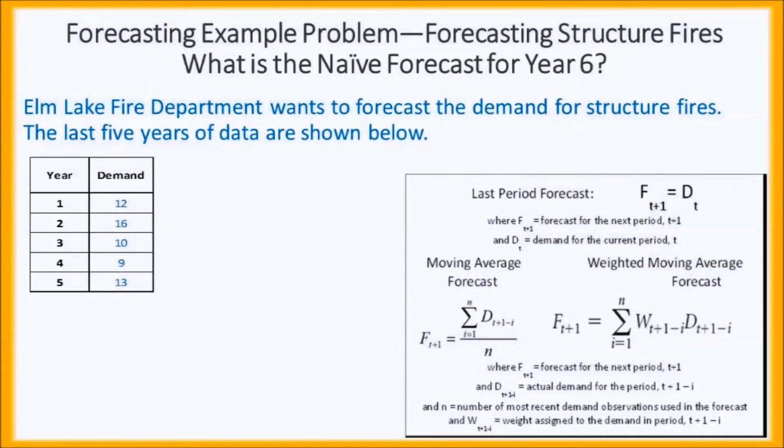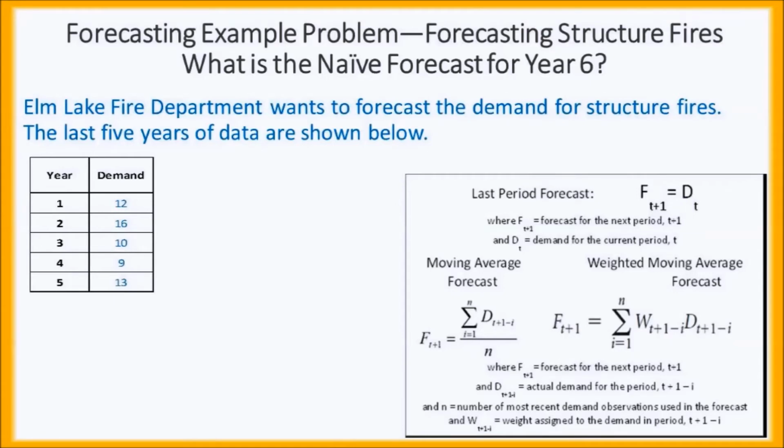Now here's how the problem might appear on an exam. In this case, what you'll be given is the problem statement, and you will be given some data, and you will also be given this screenshot of the formulas for forecasting. So everything you need is right here on this page.